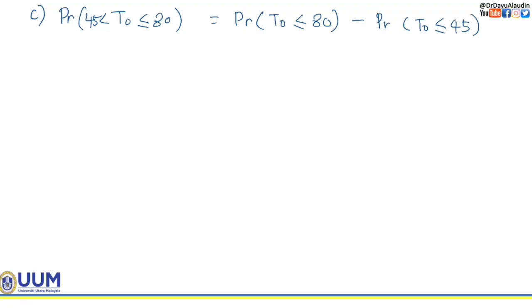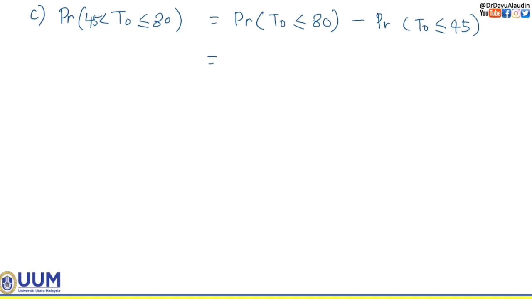T0 from 45 to 80. So we can use this equation: the probability of death before 80 minus the probability of death before age 45.